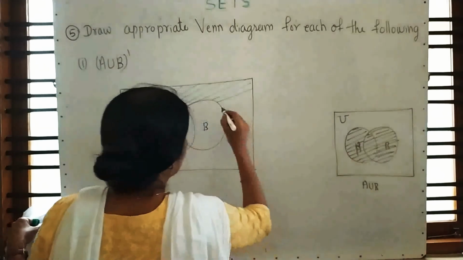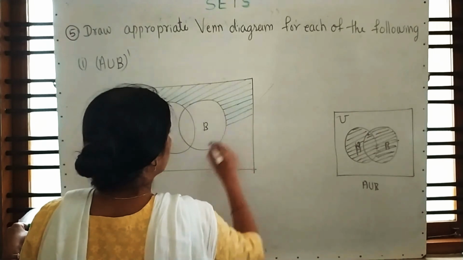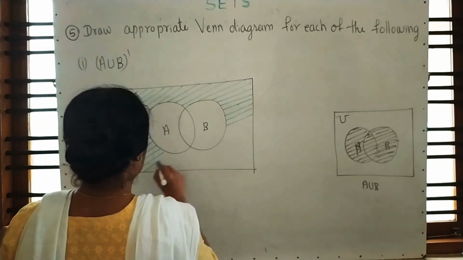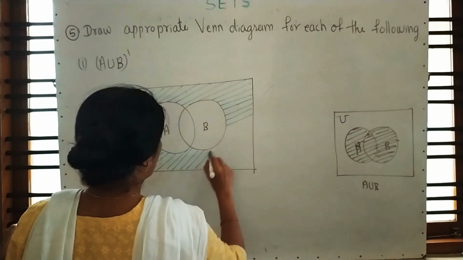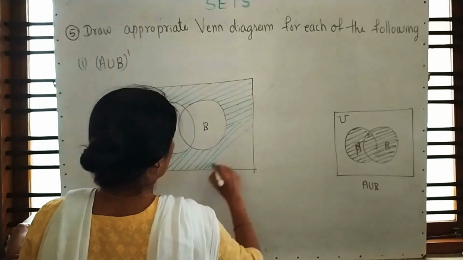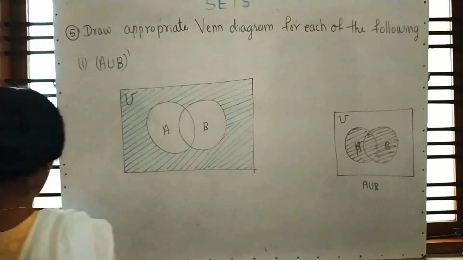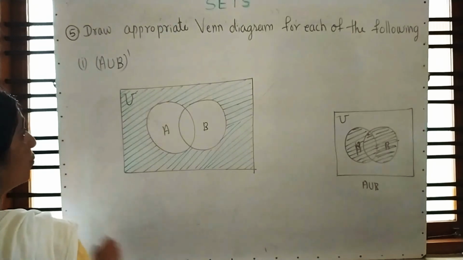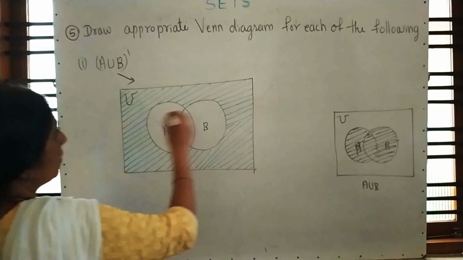This part is A union B and this is its complement. This is A union B complement.